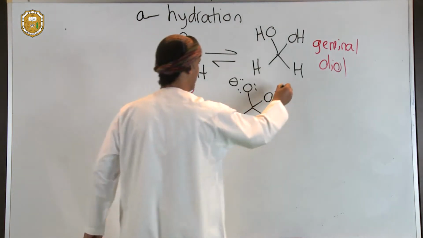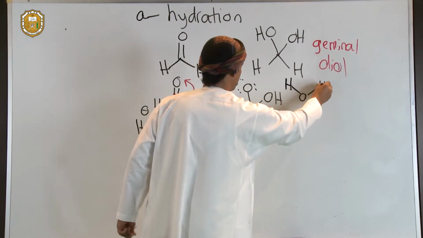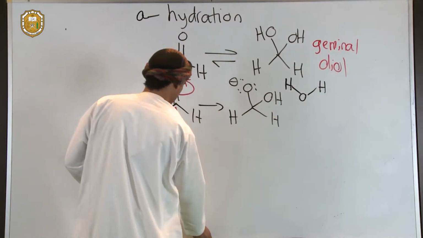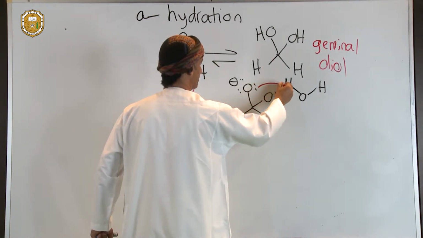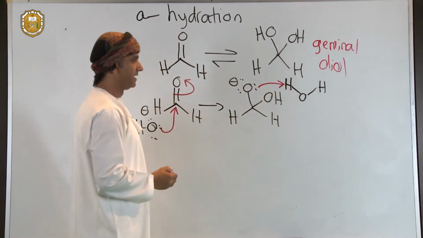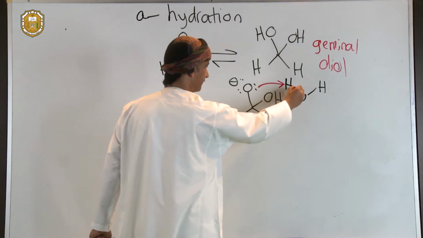So this is, that's water basically. So we can protonate this alkoxide by water. So the alkoxide, or the negatively charged oxygen, picks up a proton from water.